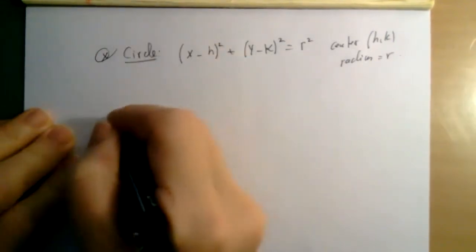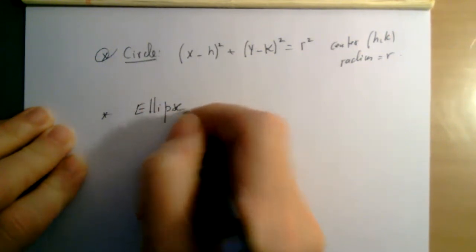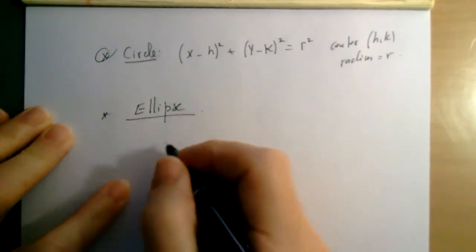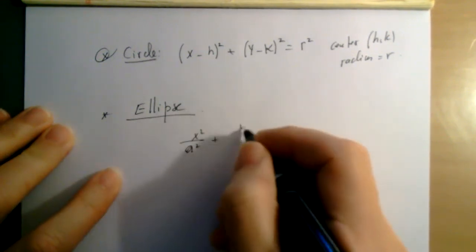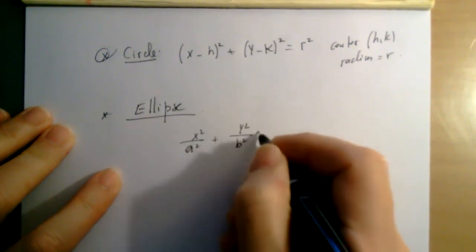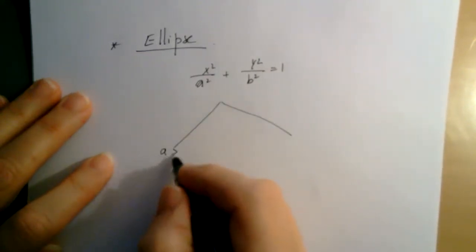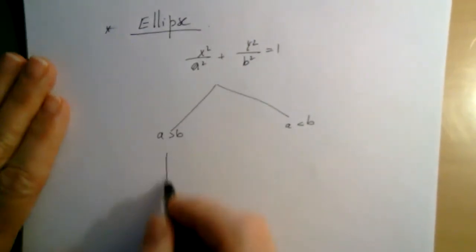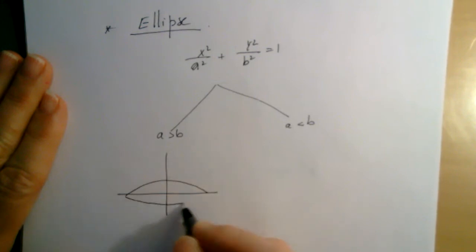And then we saw the ellipse. We saw the standard form of the ellipse: x squared over a squared plus y squared over b squared equal to 1. And we split this into two scenarios, a larger than b, a smaller than b. If a is larger than b, it was elongated horizontally.